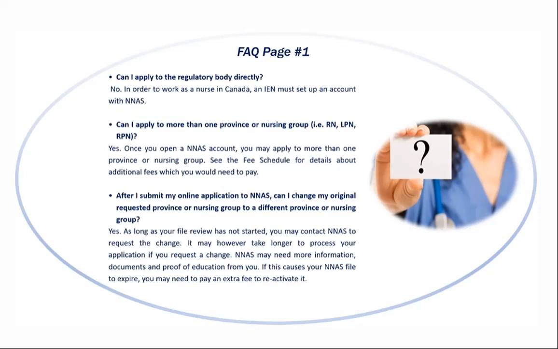After I submit my online application to NNAS, can I change my original requested province or nursing group to a different province or nursing group? Yes, you may, but it's a very limited window. I believe you have 2 weeks once you've submitted your online application to say, oops, I meant to apply to this jurisdiction.